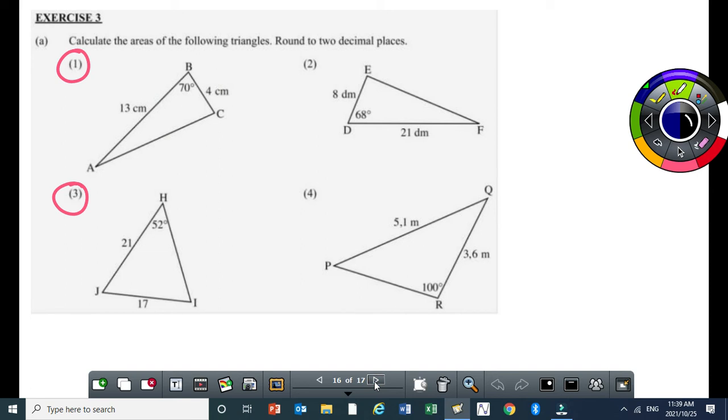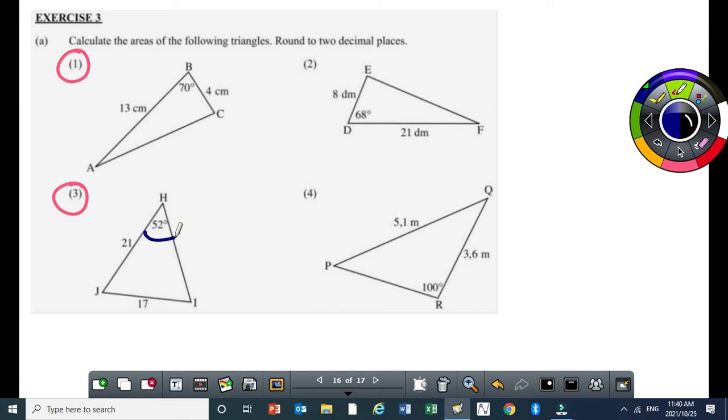So here, we are now doing number 3. It's not always that you'll be given an angle, like in this case. We know the length of HJ, but the length of IH is not given. In that case, we may have to calculate the length of IH.